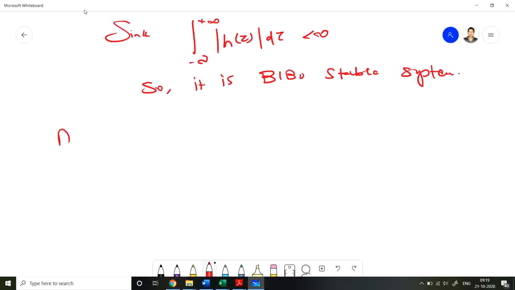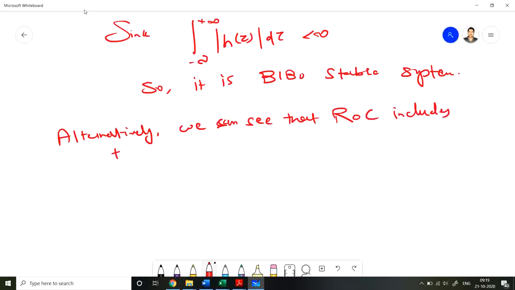Alternatively, we can see that the ROC includes the j omega axis, so it is a BIBO stable system.